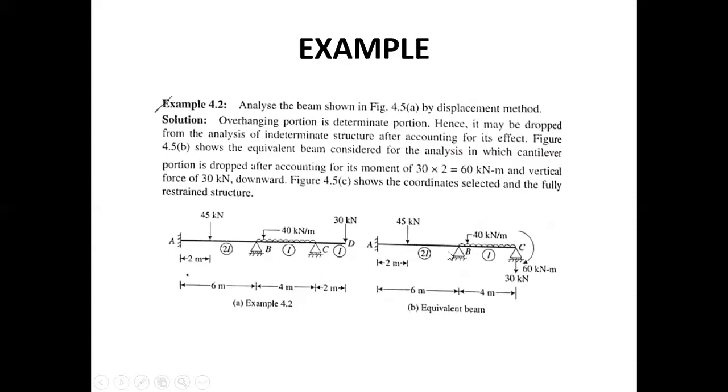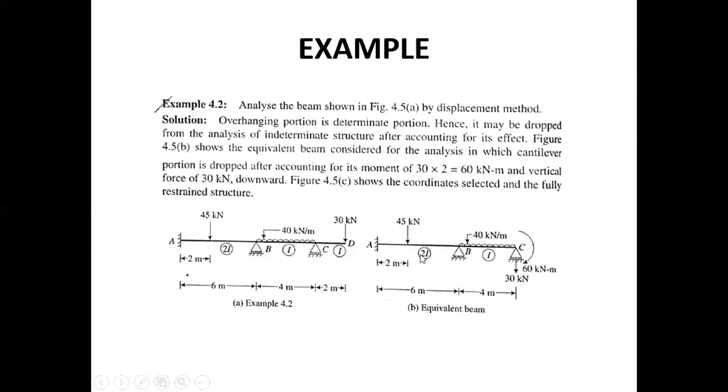So we'll convert this into a moment at C, and the equivalent beam for this will be like this. So this is what we have applied, a 60 kilonewton meter moment due to this load, and we have applied this moment over here.